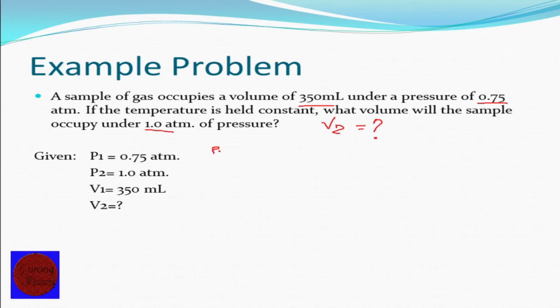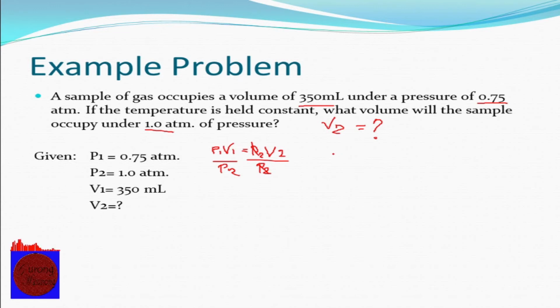P1 times V1 is equal to P2 times V2. So since V2 naman ang hahanapin natin, yung P2 naman ang i-divide natin. Divide both sides by P2 para mawala yung P2 sa taas. So cancel.